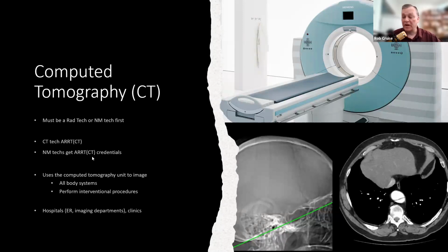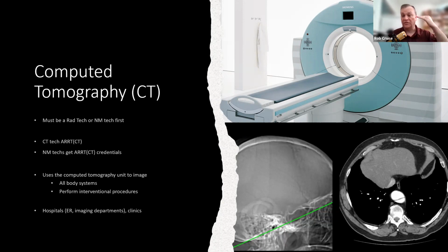Now, remember, we had that PET CT scanner as well that we talked about earlier. Well, the nuclear medicine technologist takes the same test and then becomes credentialed in CT as well, because they need to have that license in order to operate the CT scanner. Okay, we take a look at all body systems.